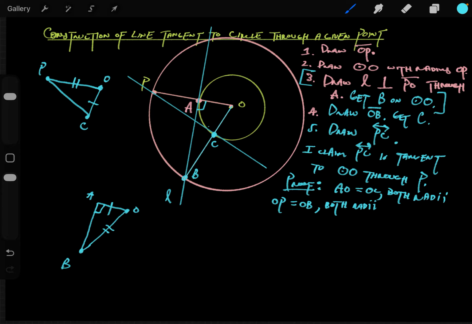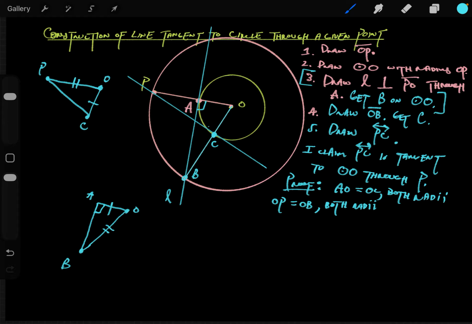Not yet. So what do I need in order to get that it's a right triangle? What can I say now? How do I get this?